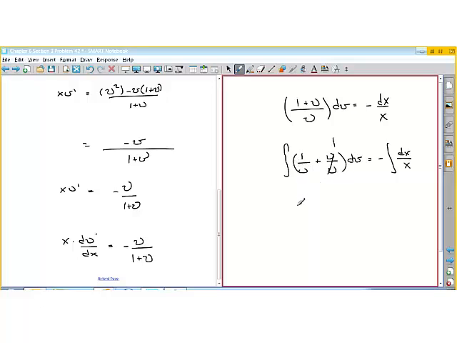So the integral of 1 over nu d nu is the natural log of the absolute value of nu. The integral of 1 is, in this case, nu, not x, because we're integrating with respect to nu. And that's equal to minus the natural log of the absolute value of x plus c.